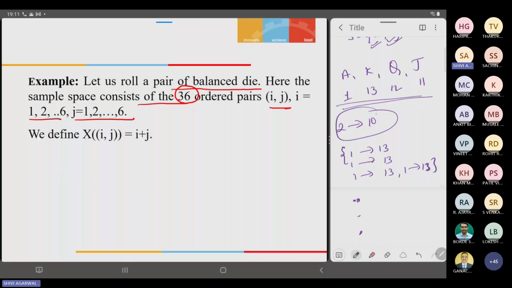Now we define xij as the summation, whatever addition comes here. Two dice we are just rolling, and whatever values come on the top, we add them. So that is the xij. Can you tell me all possible values of xij if we're just defining it?